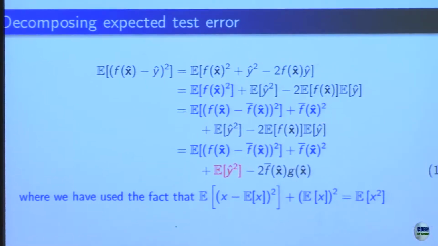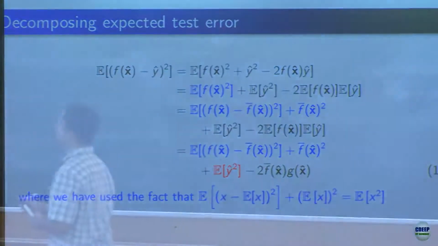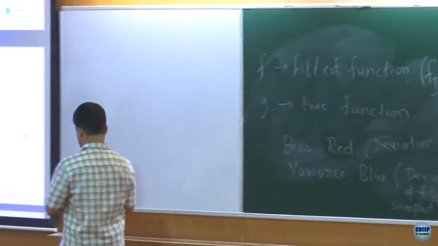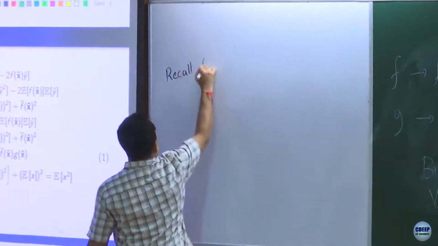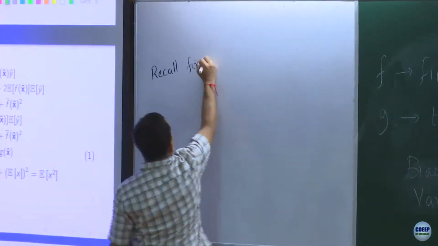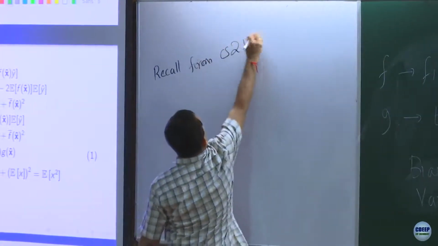Okay, so I want you to do the following. I want you to prove the following from your basic course on statistics. I am sure you have done this from CS337, right?